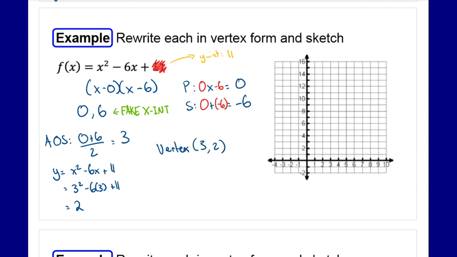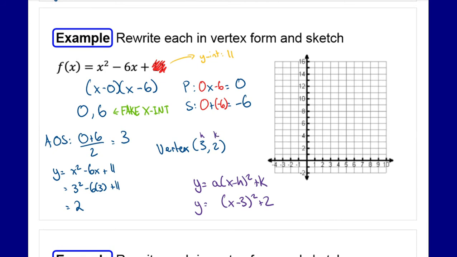Now this is helpful because if I want it in my vertex form, y equals a(x minus h) squared plus k, I do need to know what my vertex is. So right now, I know (x minus 3) squared plus 2. That's my h and my k, right from the vertex itself.